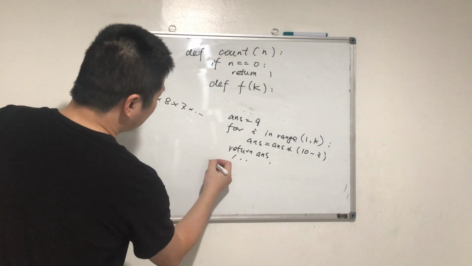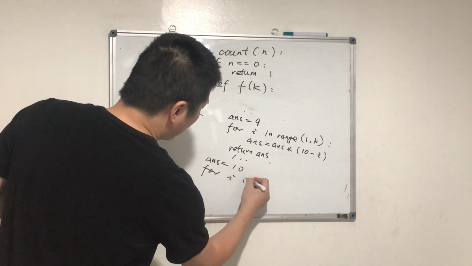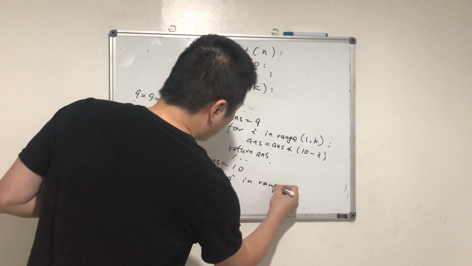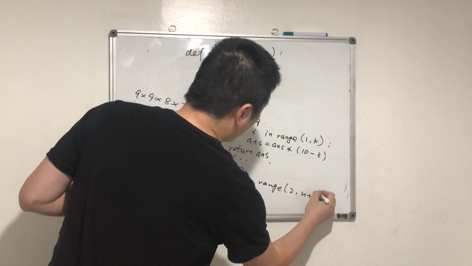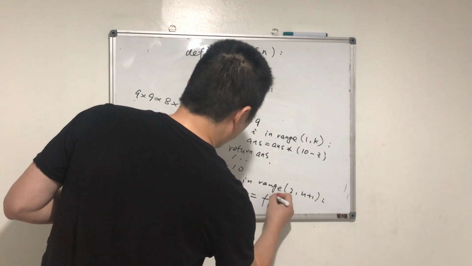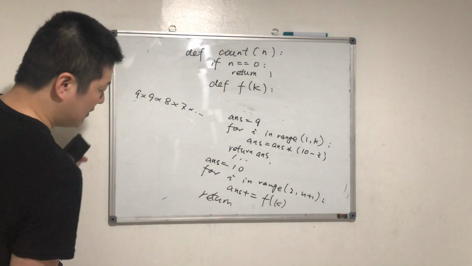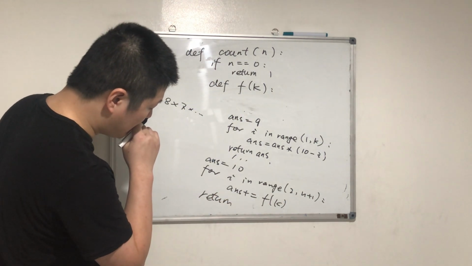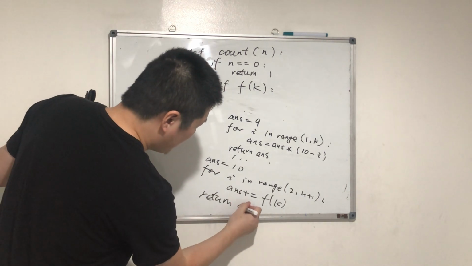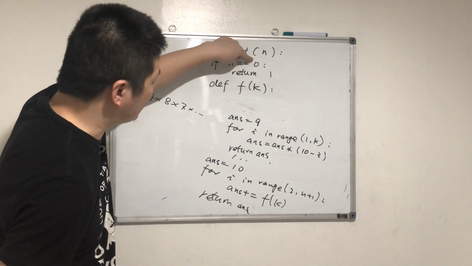So look, we can do this: answer equals 0, and then for i in range 2 to n plus 1, answer plus equals fk, and return answer. Because there's a special case: when n is 0, return 1.